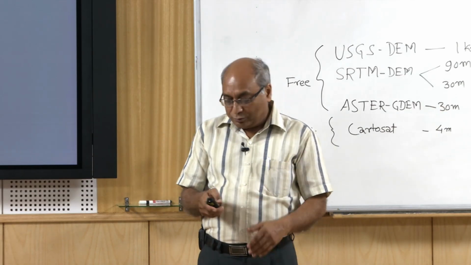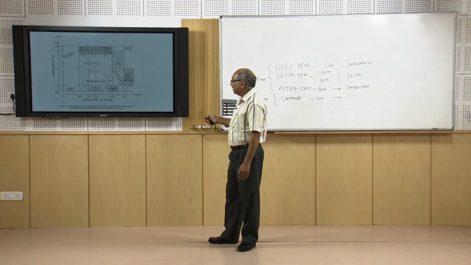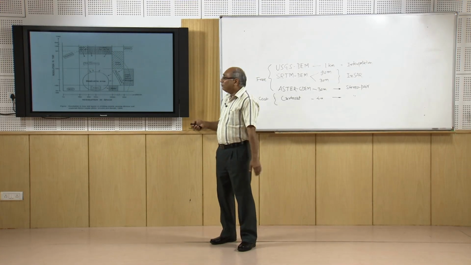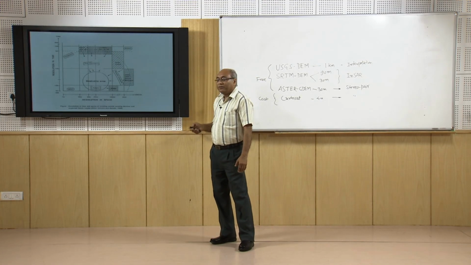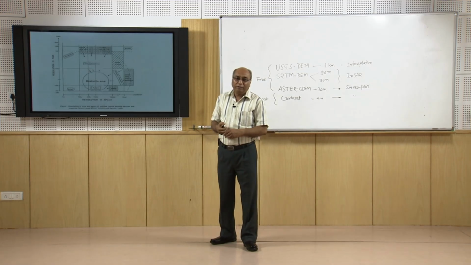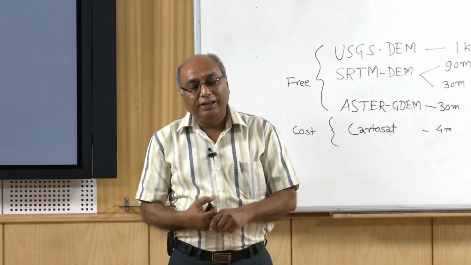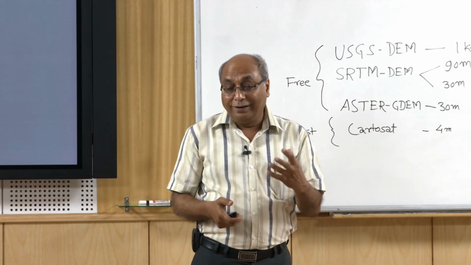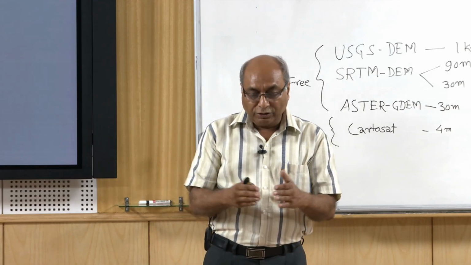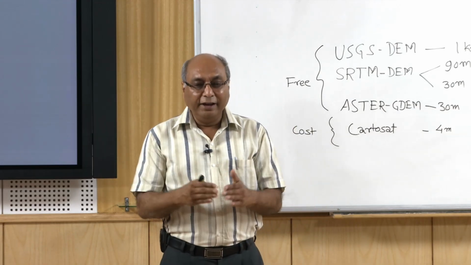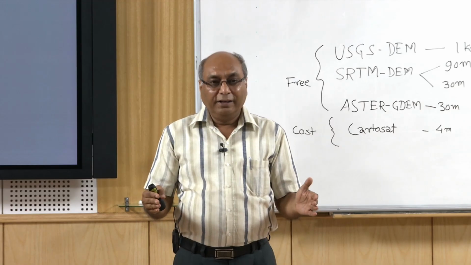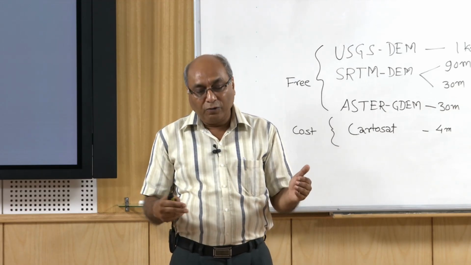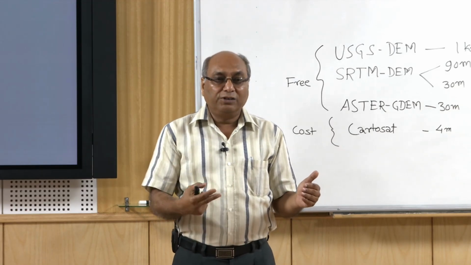With relatively coarser resolution, like in the case of NOAA data, they may come after every 12 hours, and therefore you may have coverage twice in a day, because their swath width, the area of coverage of the earth, is much larger, and therefore the repeat cycle is much shorter.